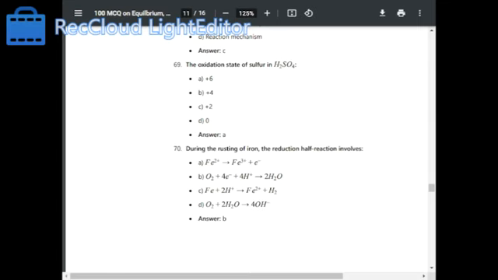The correct answer is B, O2 + 4e- + 4H+ = 2H2O. It is the reduction half reaction involved in the rusting of iron.